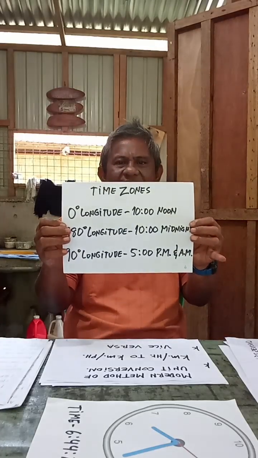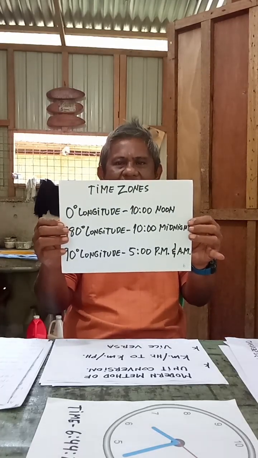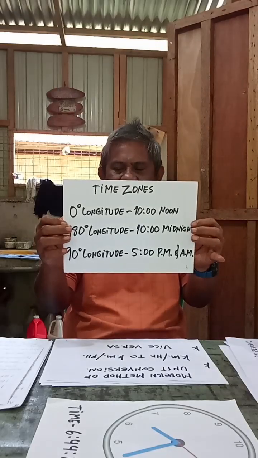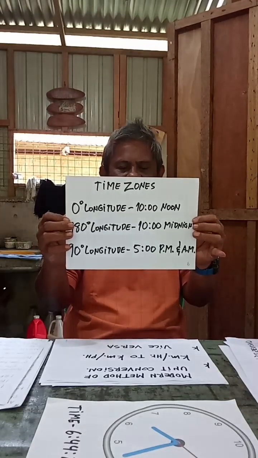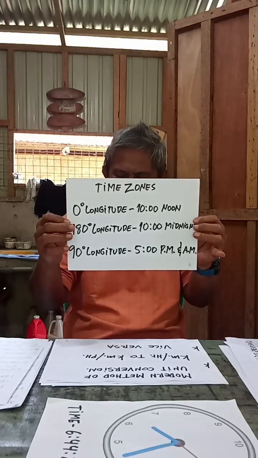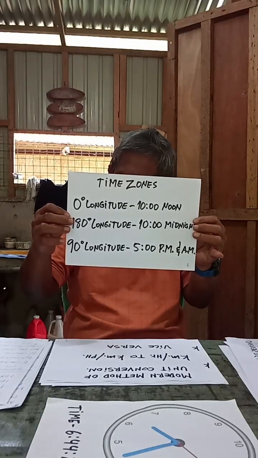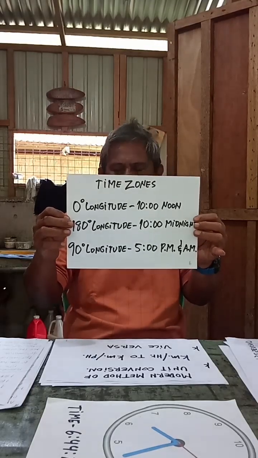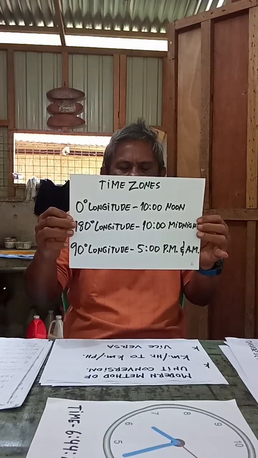Alas 10 ng hating gabi. Alas 10 sa tungang gabi. And 90 degrees longitude west is 5 o'clock p.m. And on the other side of the time zones, 90 degrees longitude east is 5 o'clock a.m.